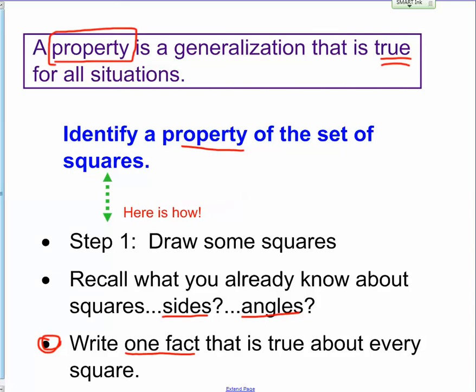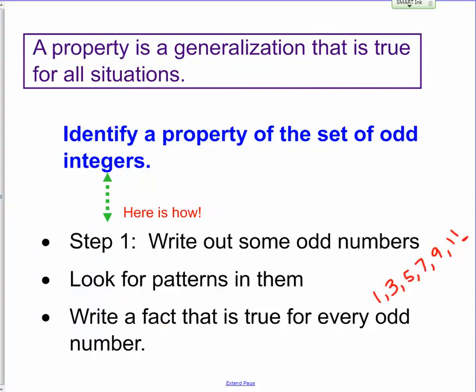And that was excellent. And then another set of items, only this time it's a set of odd integers. And I said, find a property of the set of odd integers. Step 1, write out some odd numbers. So you wrote out 10 to 15 odd numbers. Look for some patterns in them. And I said, write a fact that's true for every odd number. Some of you said they always end in 1, 3, 5, 7, or 9, which is true.